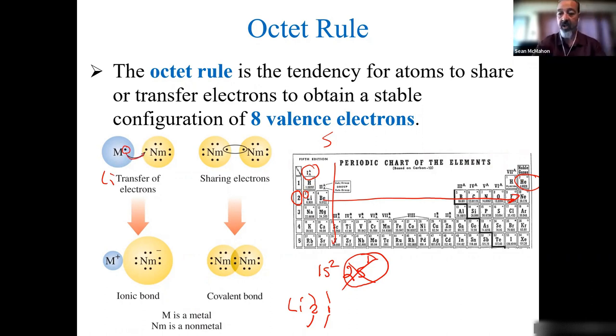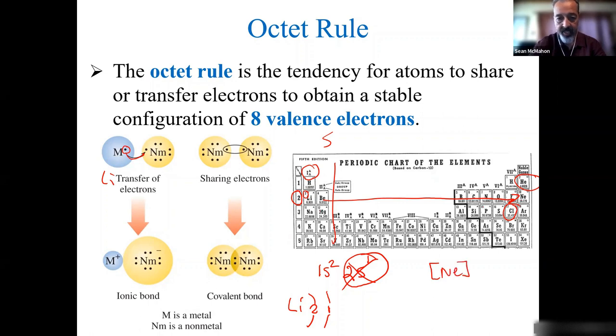So if you get a non-metal like chlorine, if I was to do the shorthand electron configuration, remember I use first the most recent noble gas, it would be neon.